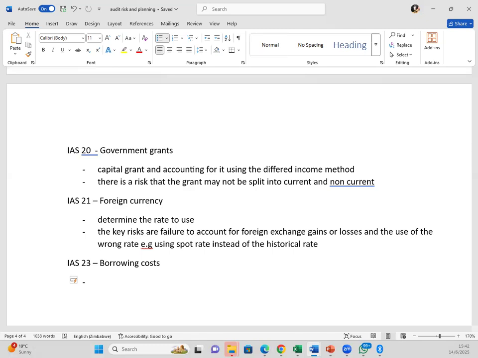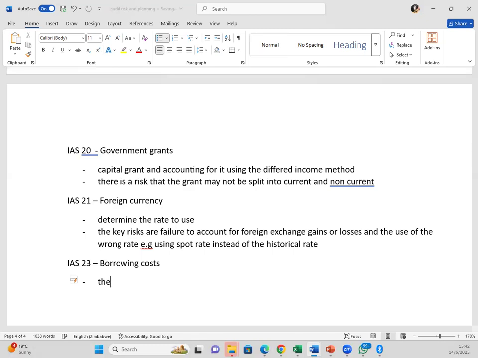What is the common risk here? The common risk is including borrowing costs that are supposed to be expensed as capital costs, or including borrowing costs that are supposed to be capitalized in expenses.